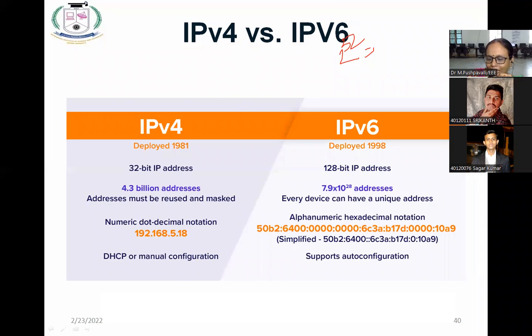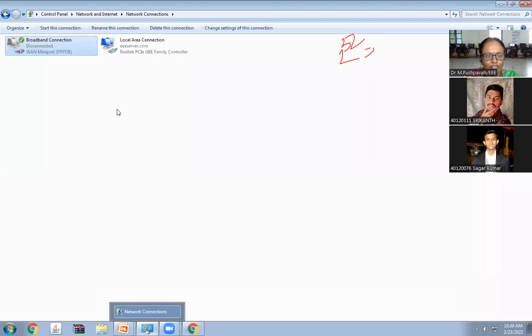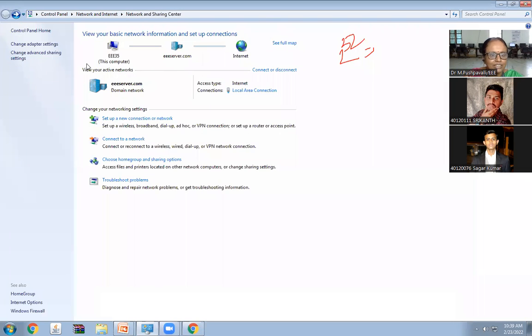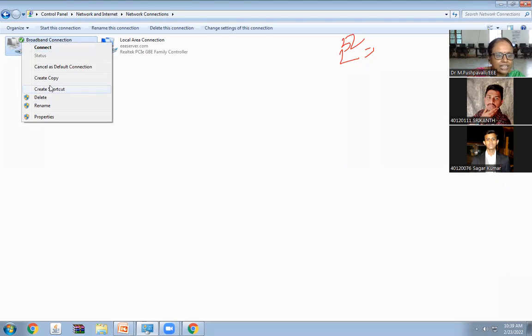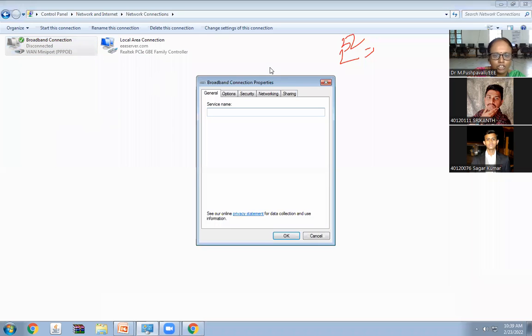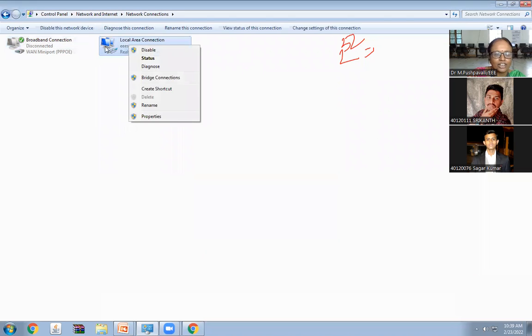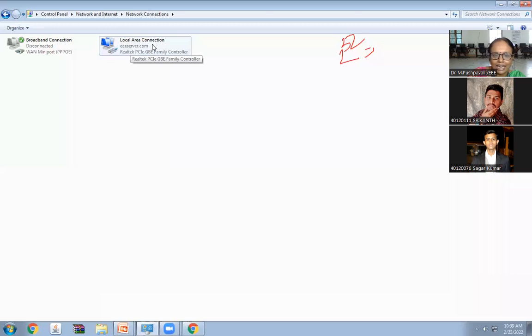Now I have shared our own college network information, but you cannot see this. You see the change adapter settings. We have a broadband connection only. When you see the properties, this is my LAN, local area connection, where I am connected with my EEE server. This is my network interface card, Realtek PCI.